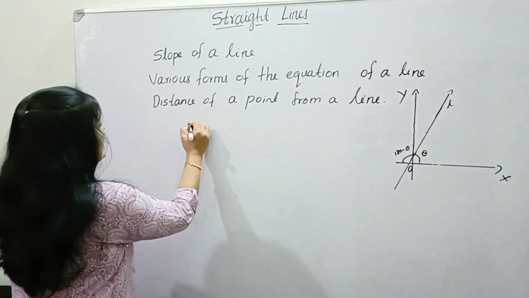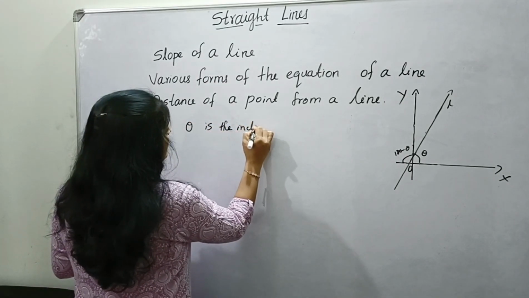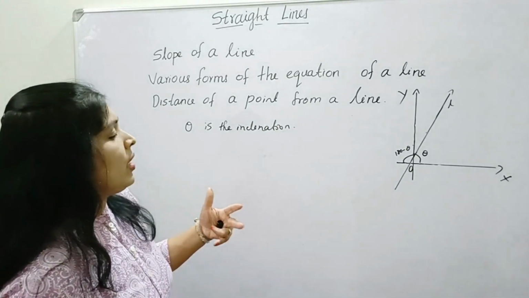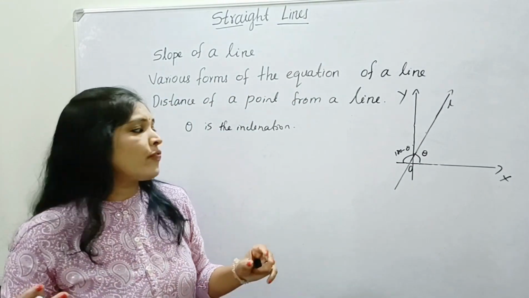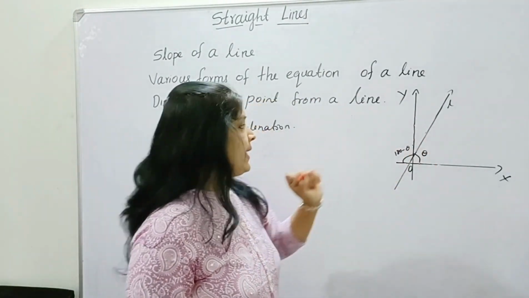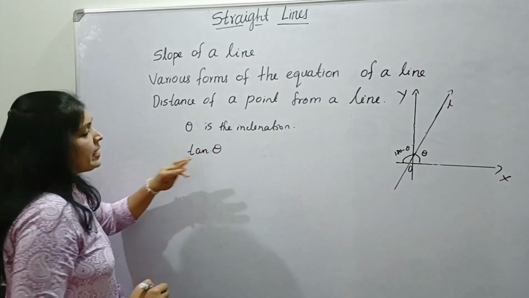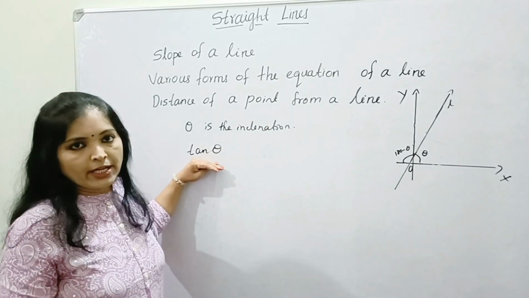So here theta is the inclination. So we can say the definition: if theta is the inclination of the line L, then tan theta is called the slope or gradient of the line.